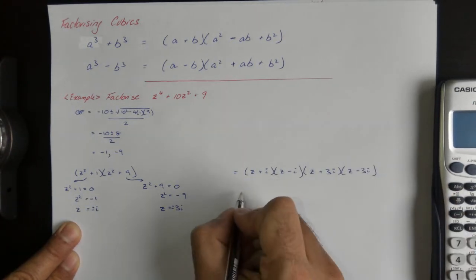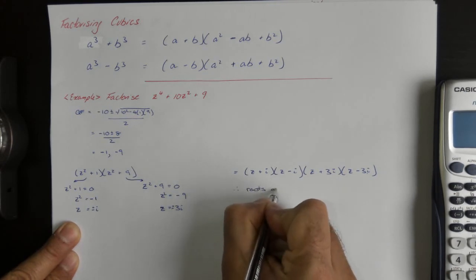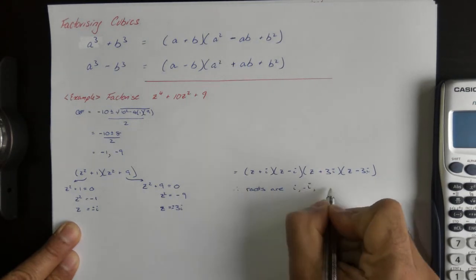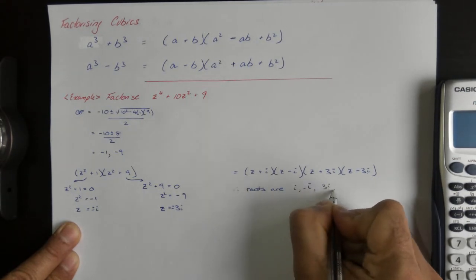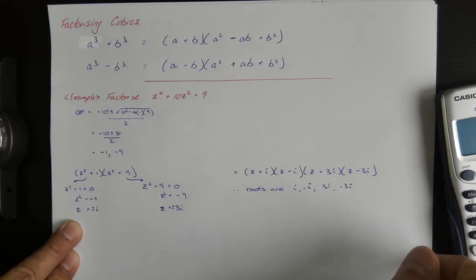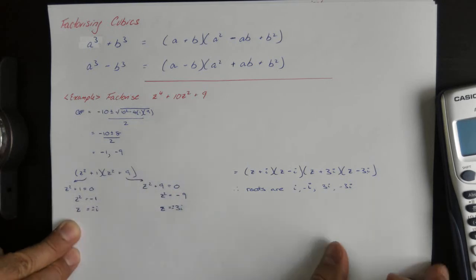Therefore the roots are i, negative i, 3i, and negative 3i. And that's how to factorize this quartic.